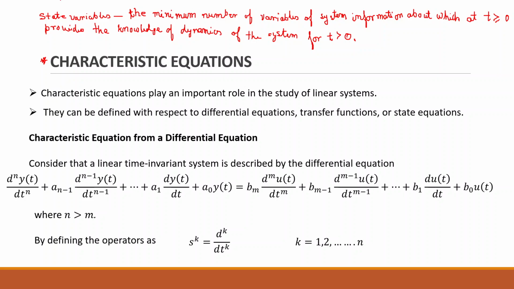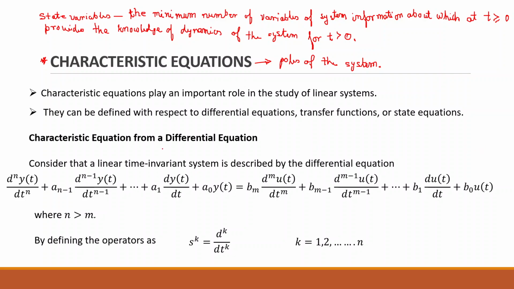So whatever transfer functions you may consider, if it's of the same system, the characteristic equation or the poles of the system will never change. The characteristic equation is totally dependent on the poles of the system.